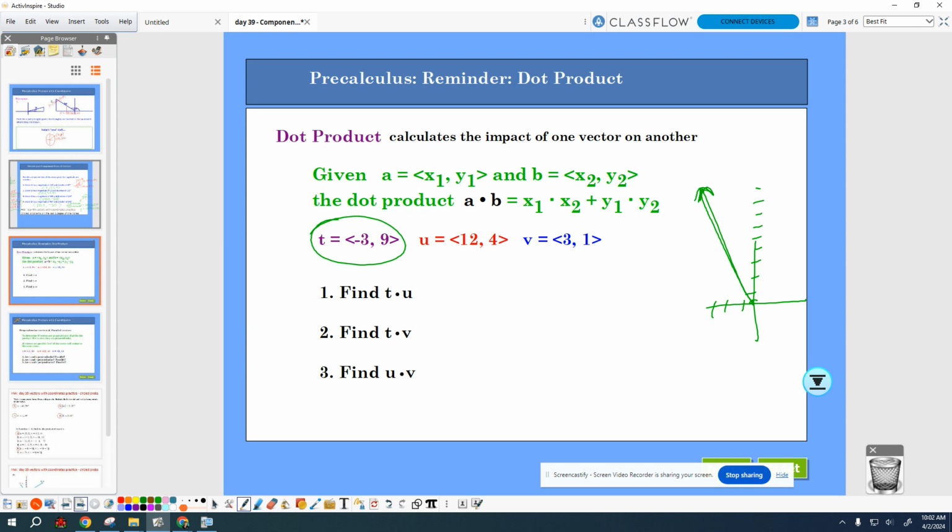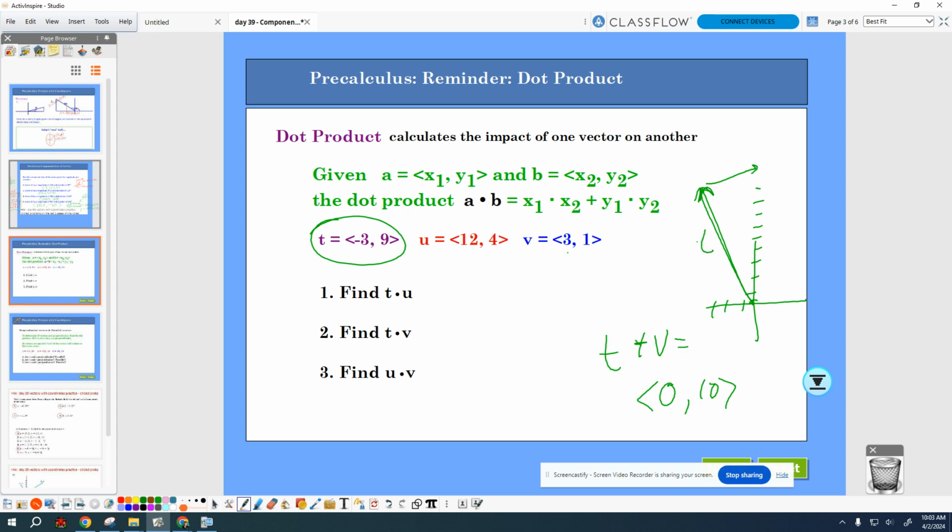Then, can you add them graphically? If I wanted to see t plus v numerically, how do I add vector t plus v? What is that going to give me? -3 plus 3, 10. Okay, so that's the resultant. Adding them graphically, at the end of this one I'm going to glue on go over 3, up 1.